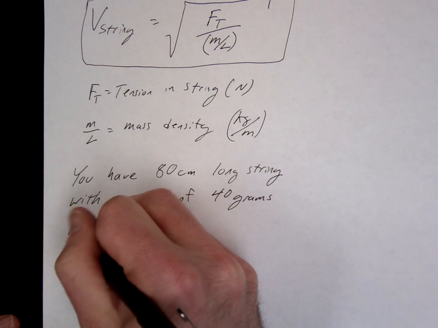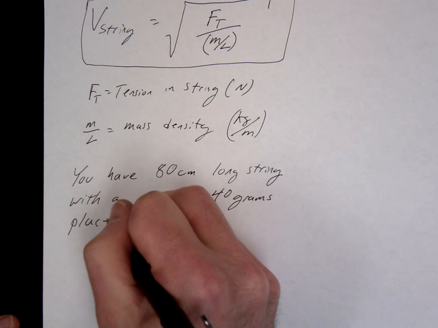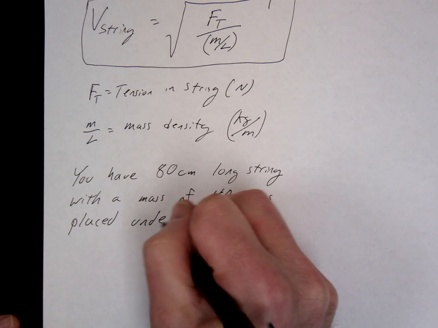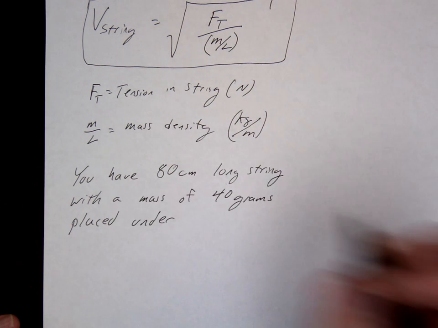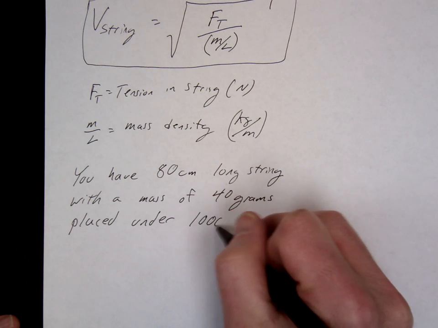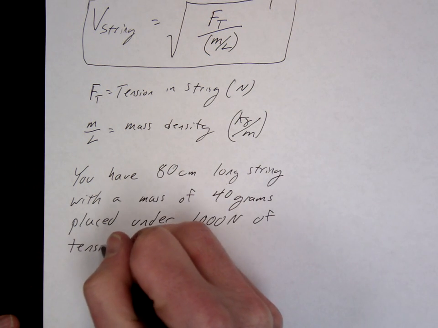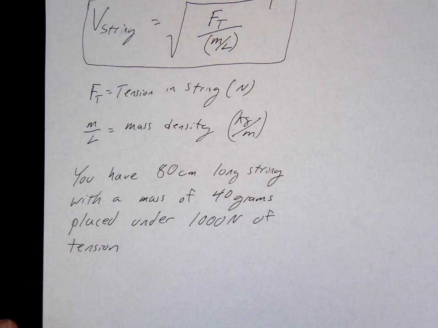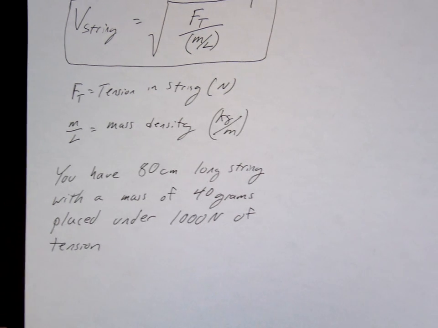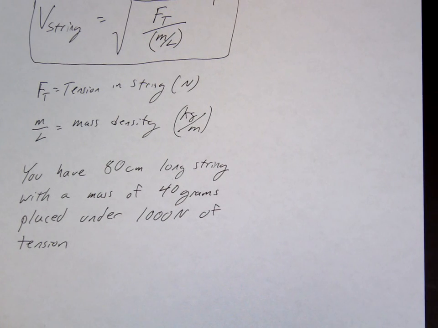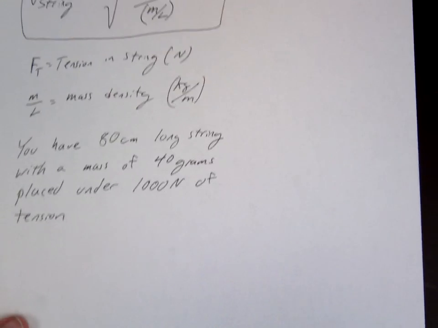Okay, and you're going to put it under, let's say, 1,000 newtons of tension. So 80 centimeter string, mass of 40 grams, placed under 1,000 newtons of tension.